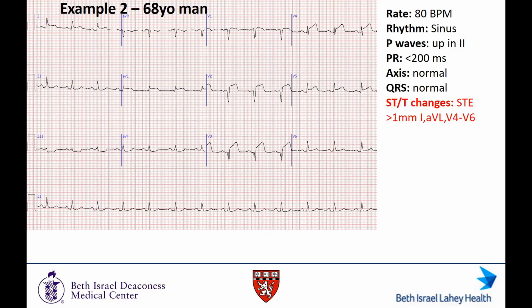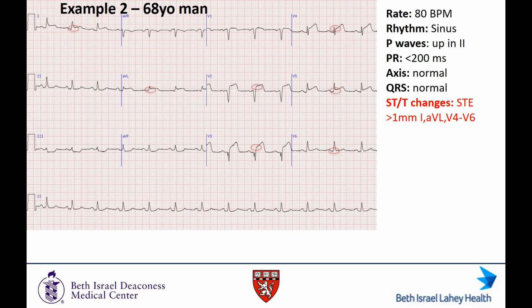Now we do have some ST-T changes here, particularly in our lateral leads and our sort of septal precordial leads. So we have ST elevation in 1, AVL, V2, V3, V4, V5.